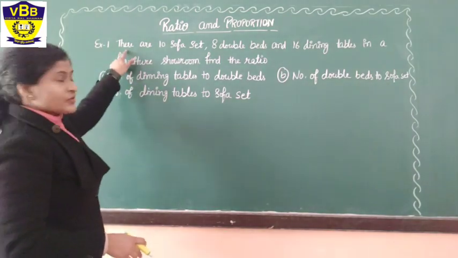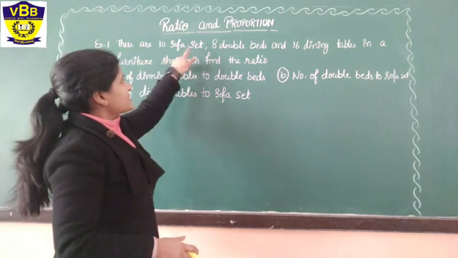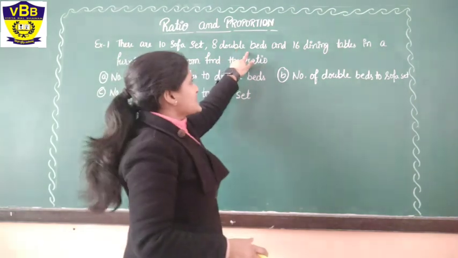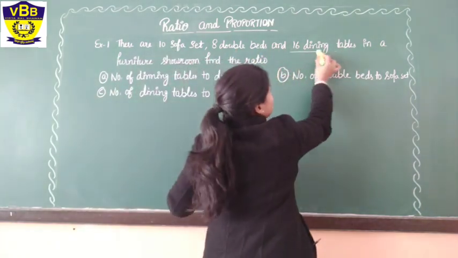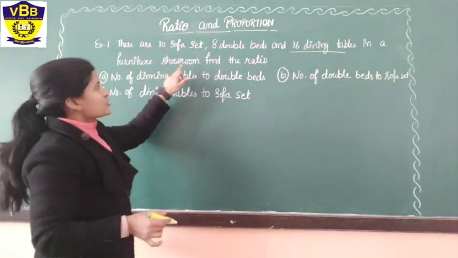In example 1, there are 10 sofa sets, 8 double beds and 16 dining tables in a furniture showroom.